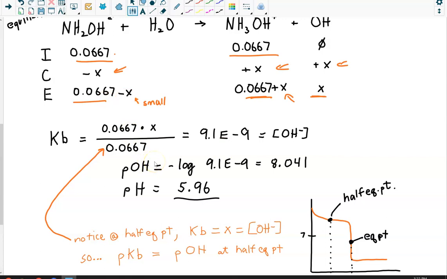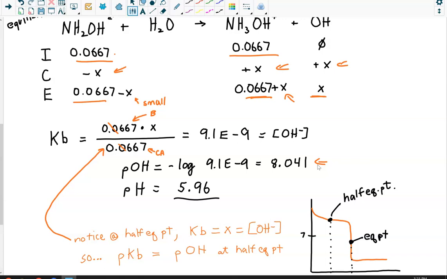And what you find out is that x, the concentration, is equal, because these guys then cancel, it's the half equivalence point. The concentration of the reactant, the base, is equal to the concentration of its conjugate acid. And so the concentration of OH ends up being the Kb, and then the pOH ends up being the pKb.